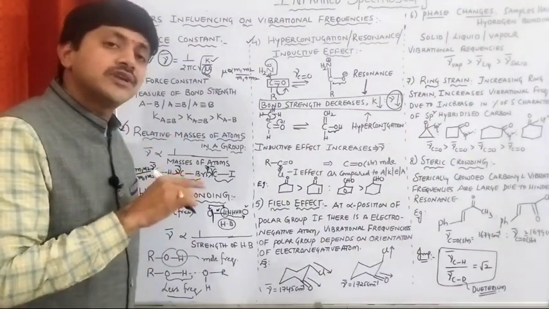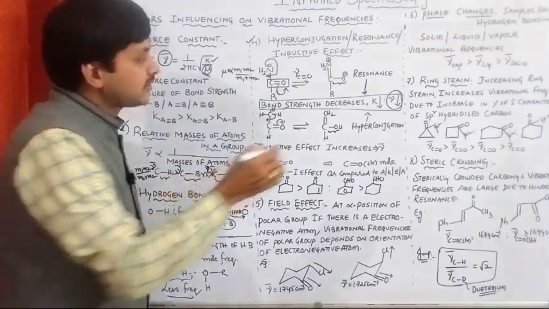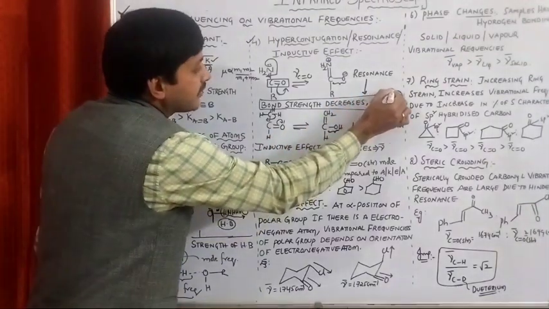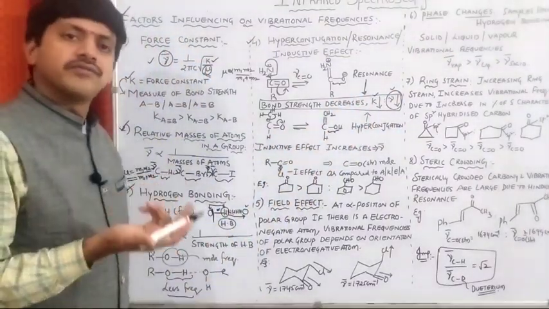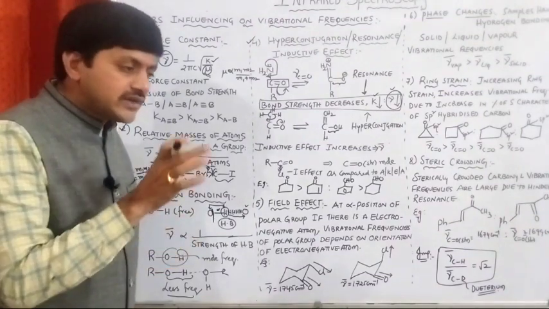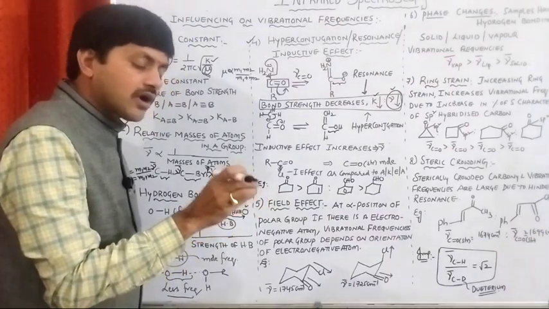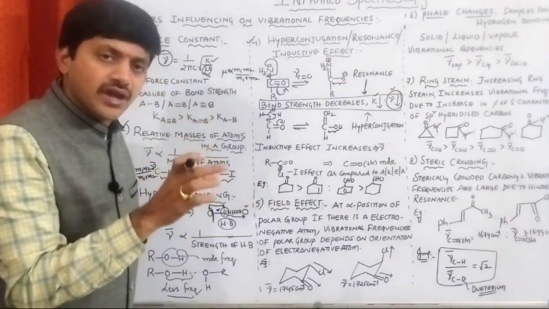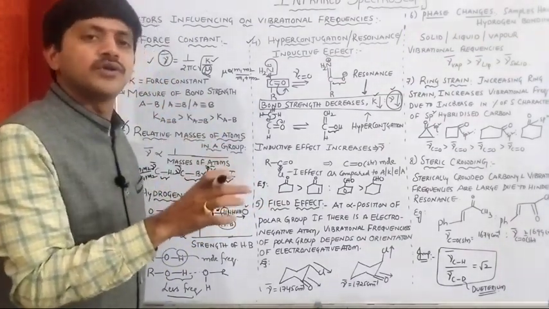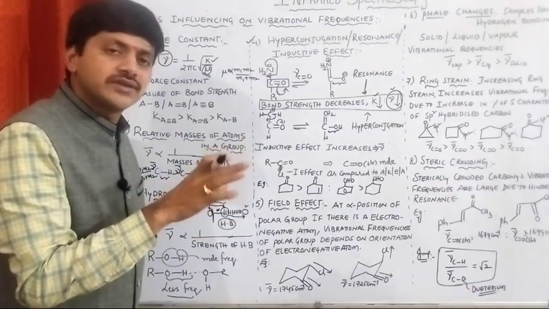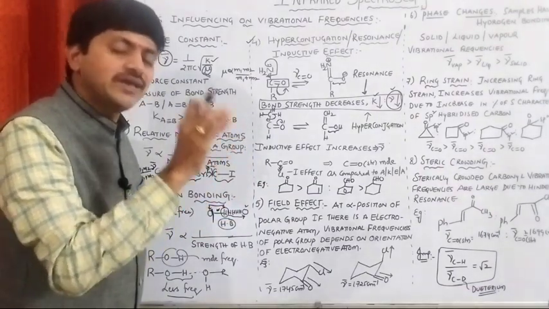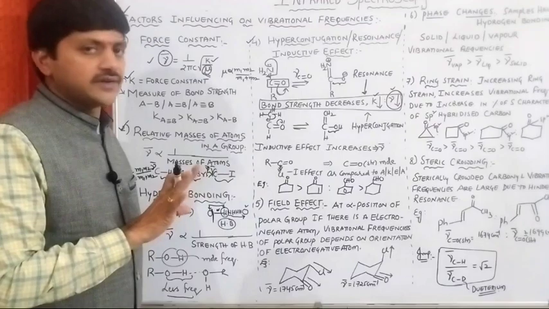Bond strength decreasing means the K value is decreasing, and K value decreasing means the vibrational frequency is decreasing. Whenever we observe resonance or hyperconjugation in a particular molecule, the vibrational frequency of the selected bond will be decreased. Okay?